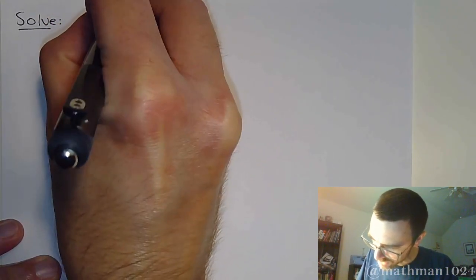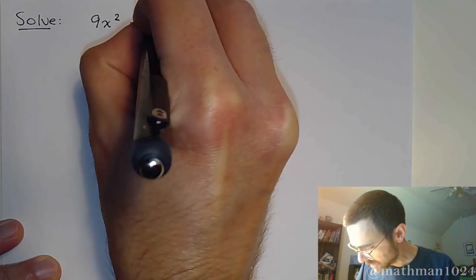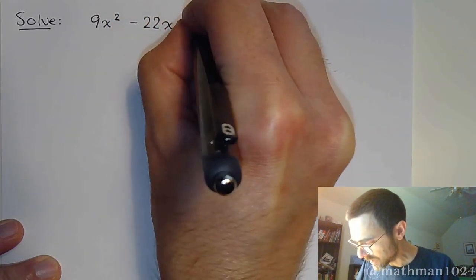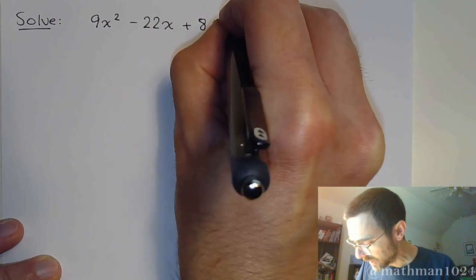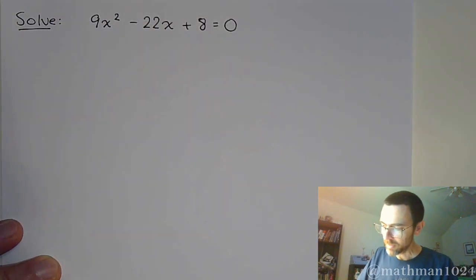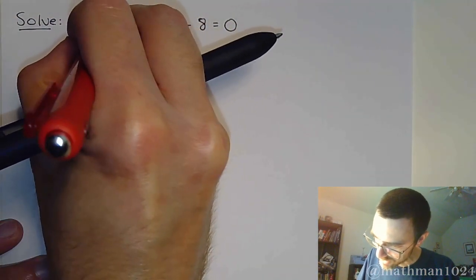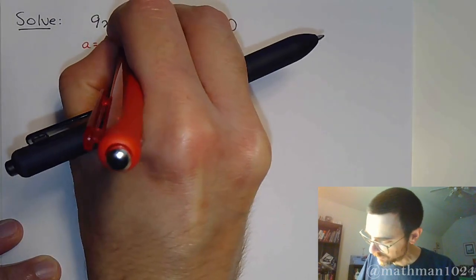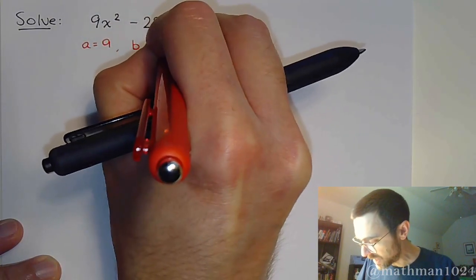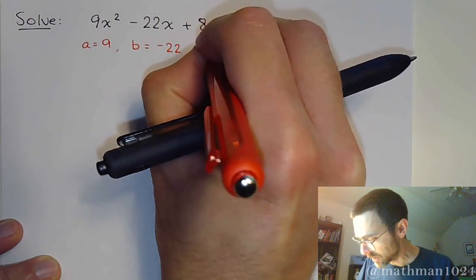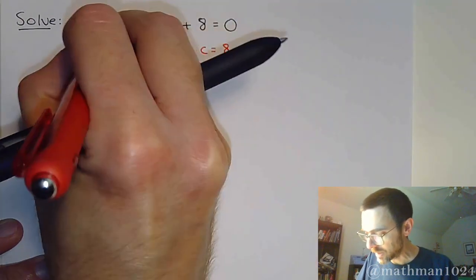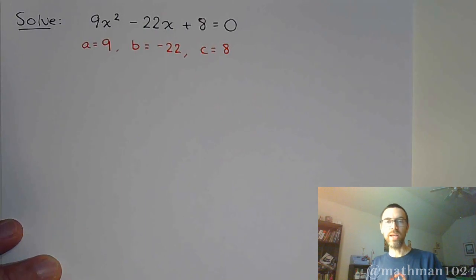So if I take 9x squared minus 22x plus 8 is equal to 0, we identify that a is 9, b is negative 22, and c is equal to 8.